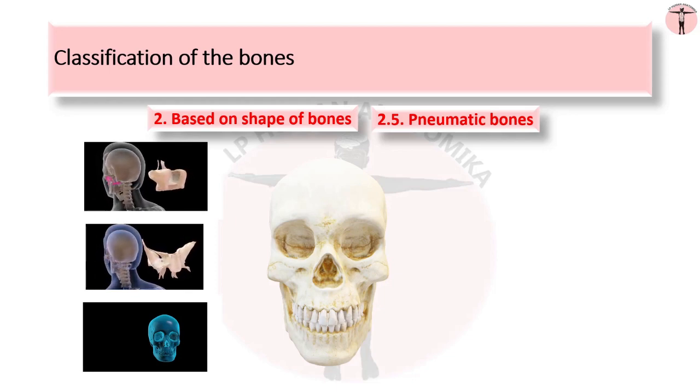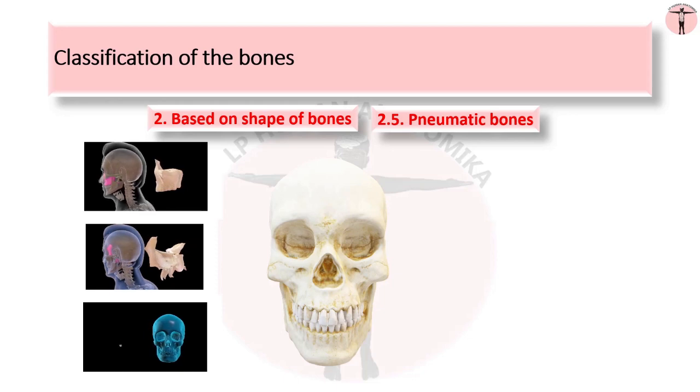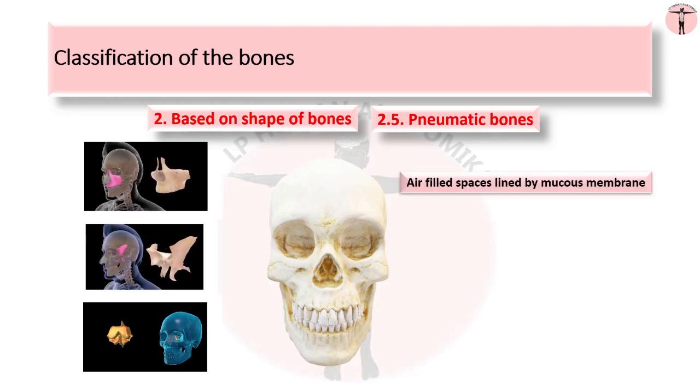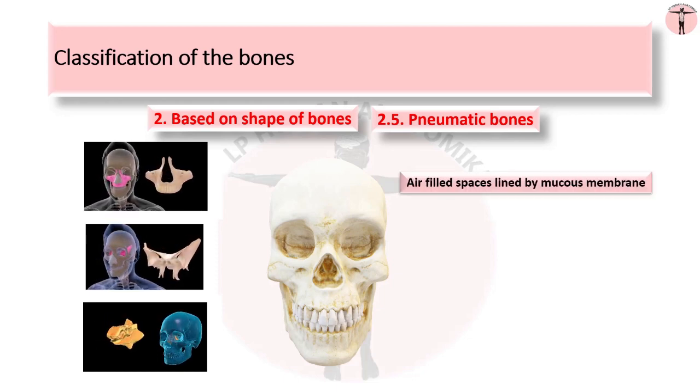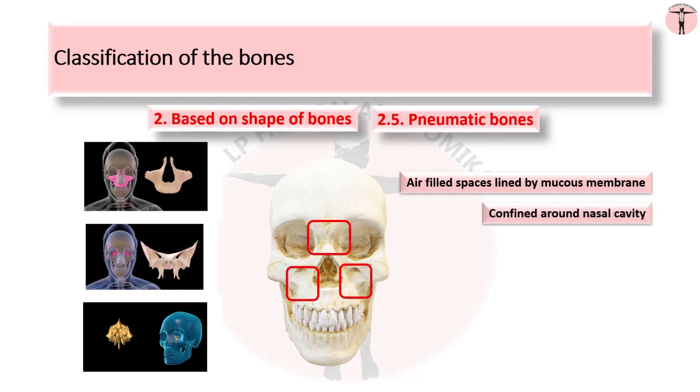These bones contain air-filled spaces which are lined by mucous membrane. Pneumatic bones are confined in close proximity to the nasal cavity from which invagination of the mucous lining invades the neighboring cranial bones at the expense of the diploe tissue. The functions of pneumatic bones are: it is economical and makes the bones lighter.